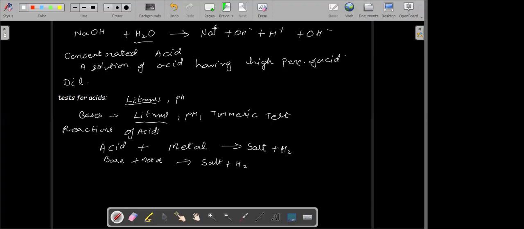Okay. So what is the formula for sodium aluminate? Anyone who will tell the formula of sodium aluminate?